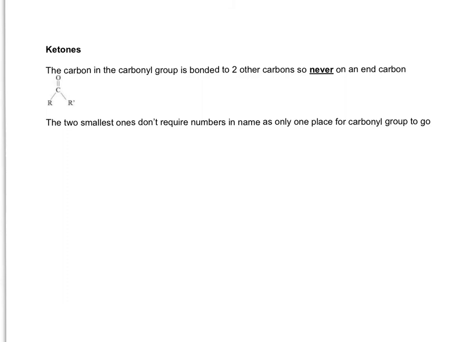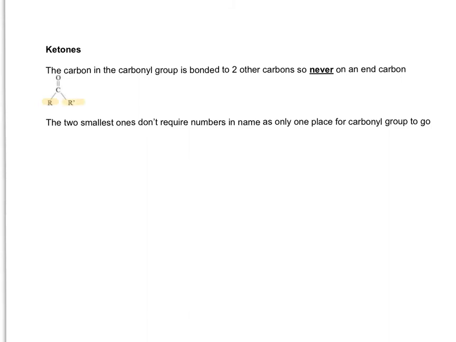So ketones. The carbon for the carbonyl group has to be between at least two other carbons, so it's never on an end carbon. Here, the two different carbon chains are represented by R's. We've got an R and an R prime.